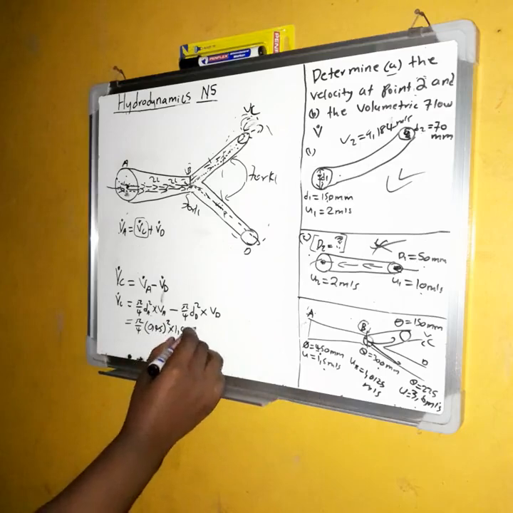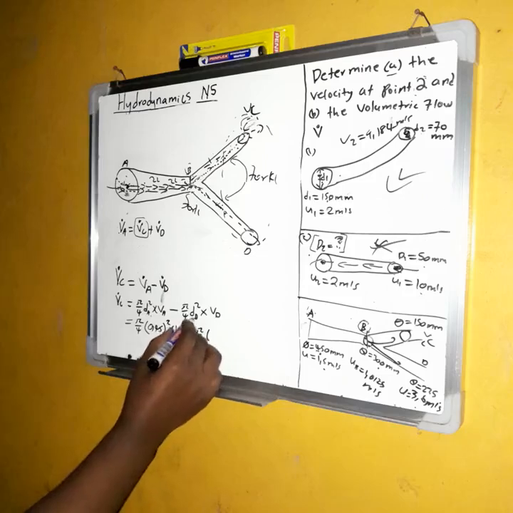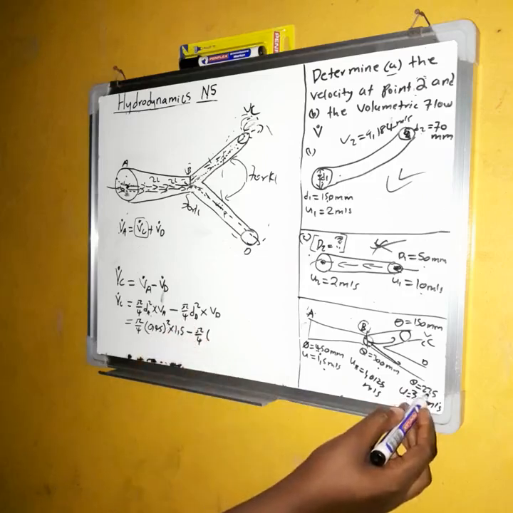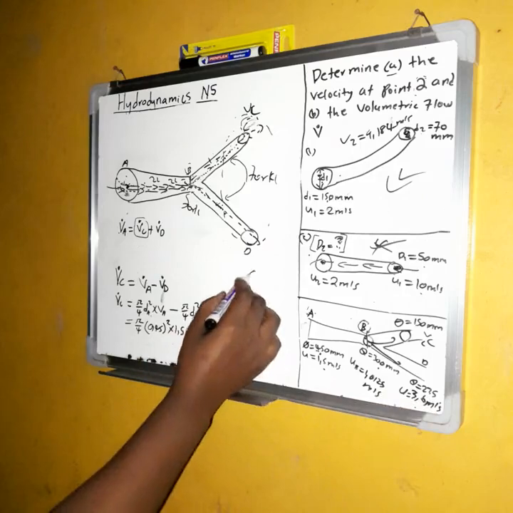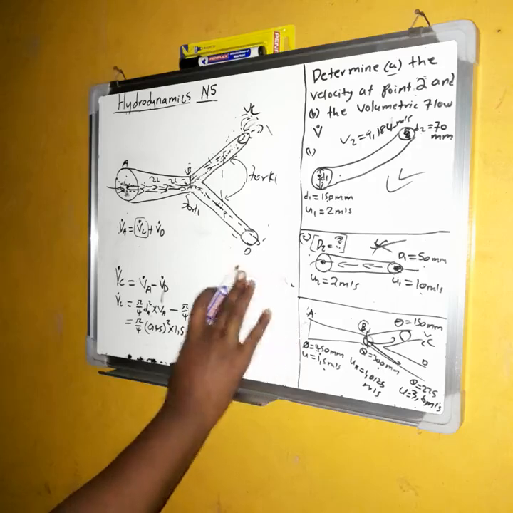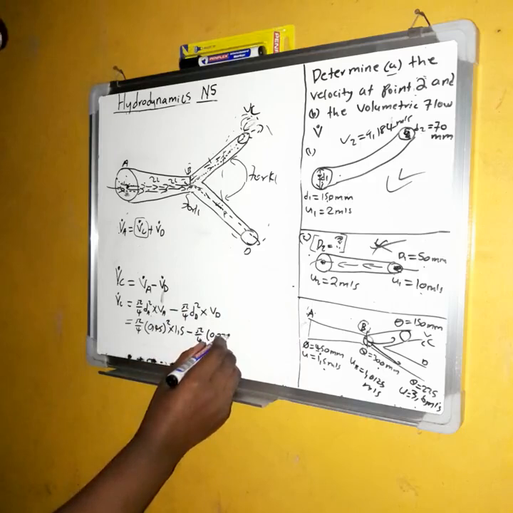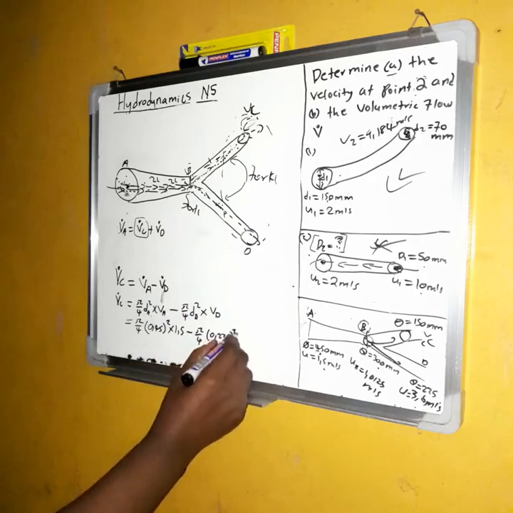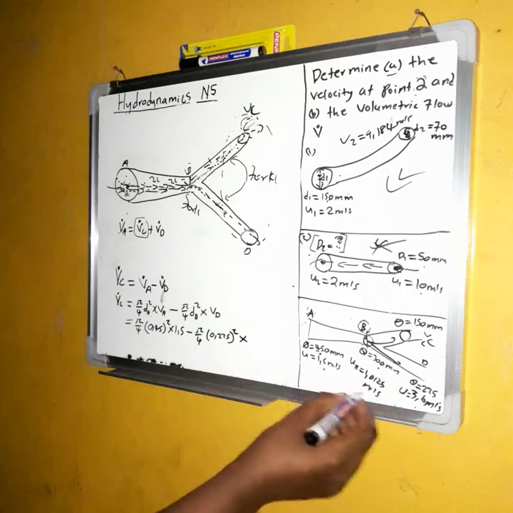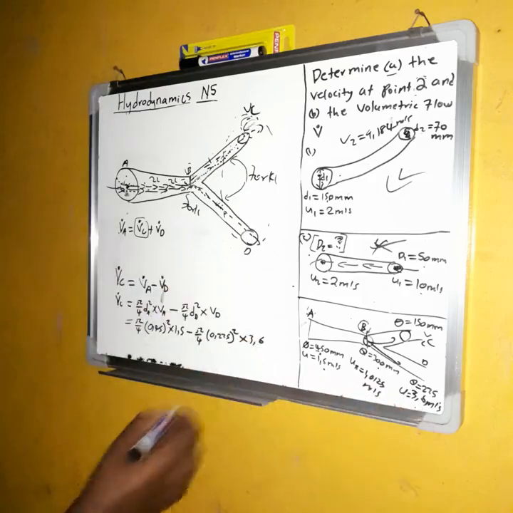You subtract pi over 4 diameter at D. Diameter at D is equal to 225 millimeter. Then divide by 1000, this will be 0.225. Square that, multiply by the velocity, there is 3.6.